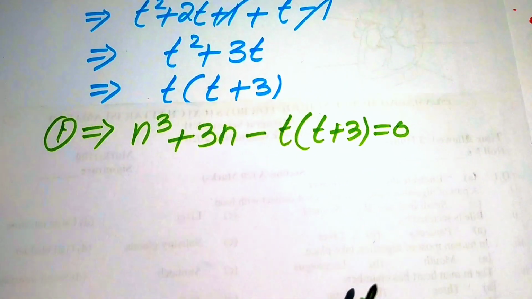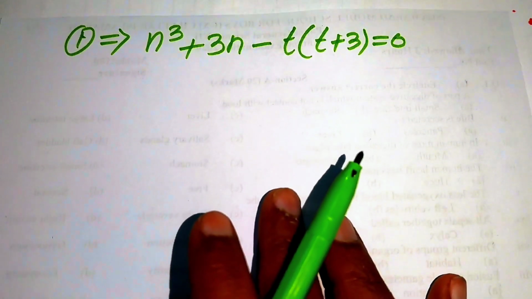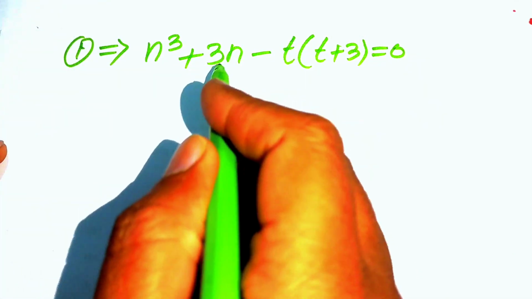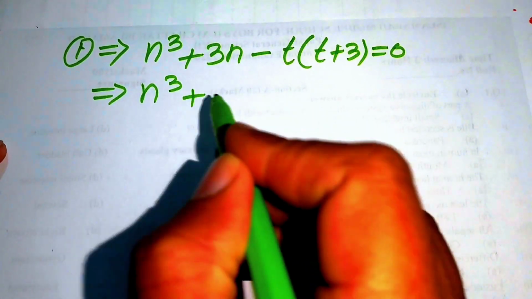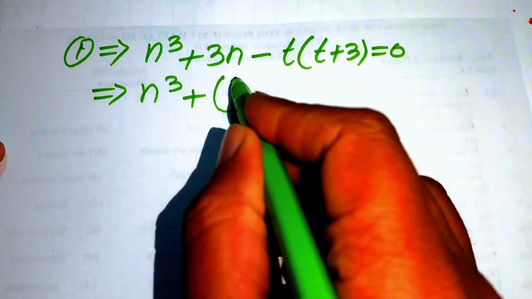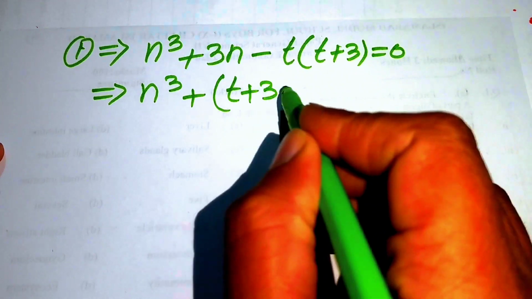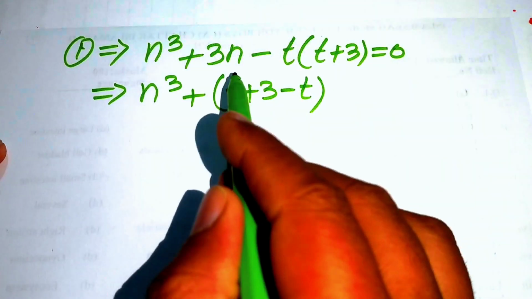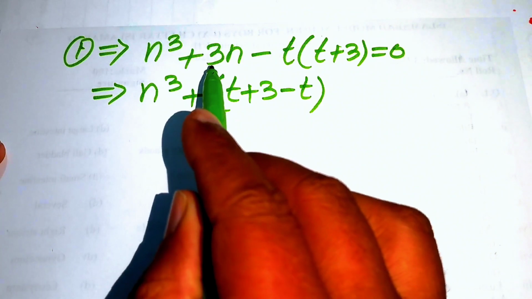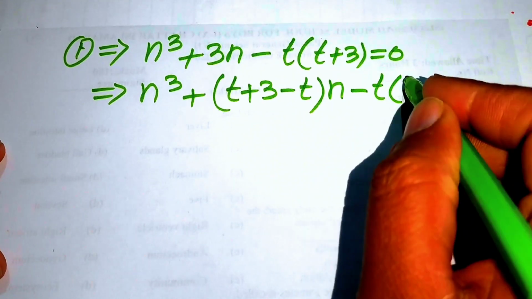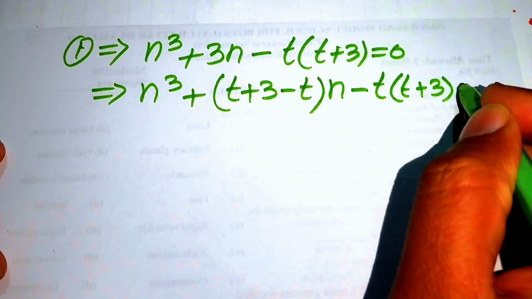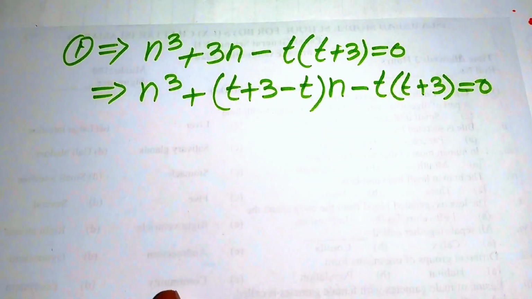Here we make the factors of this equation, and now we can simplify this expression as n cubed plus, we write this 3 as t plus 3 minus t. Here we just add and subtract t in 3 into n minus t times of t plus 3 equals 0.